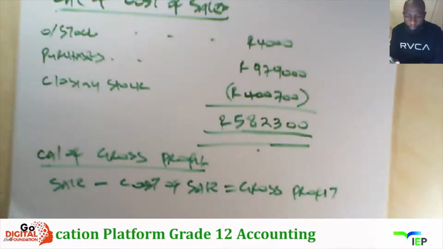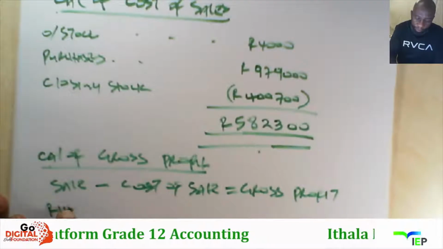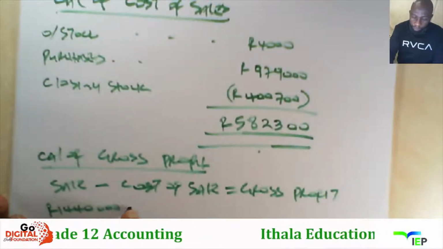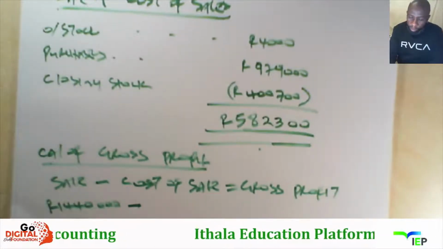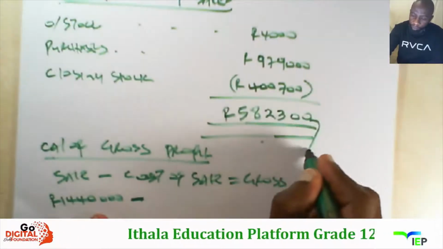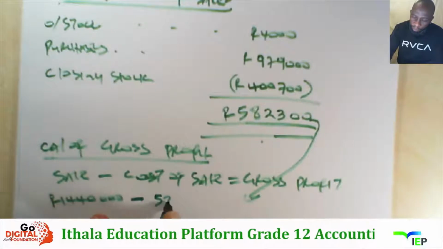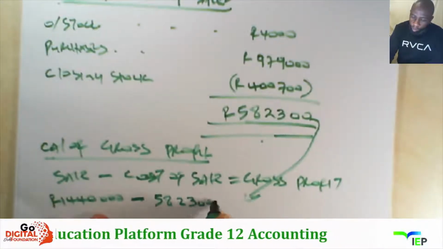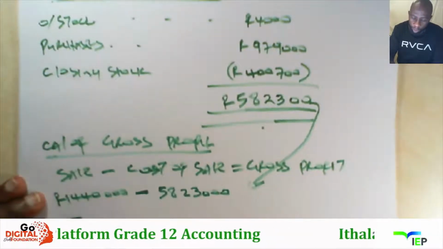What's the figure for the sales? It's 144,123 minus cost of sales. You take this figure from here, cost of sales, minus 5823. Then you get your answer.